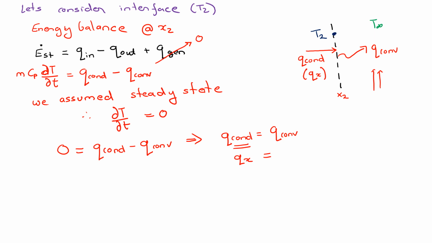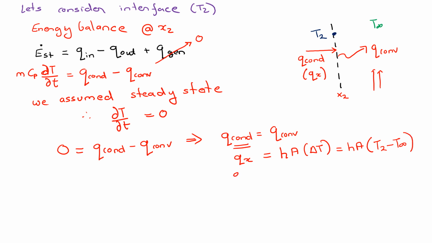So let's apply Newton's law of cooling. Your Q convection will be the heat transfer coefficient times the area times the temperature difference delta T. So this can be written as h A times (T2 minus T infinity).